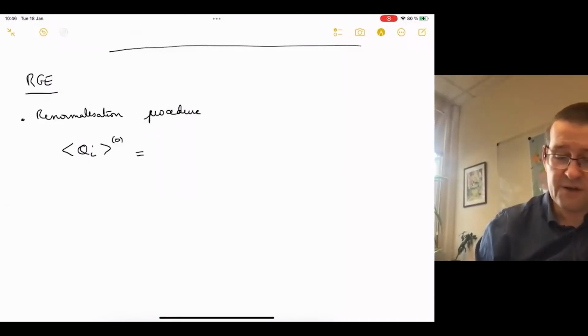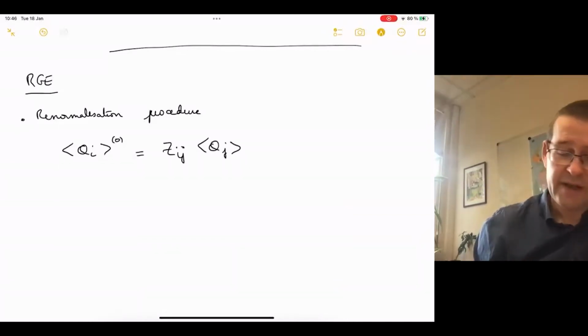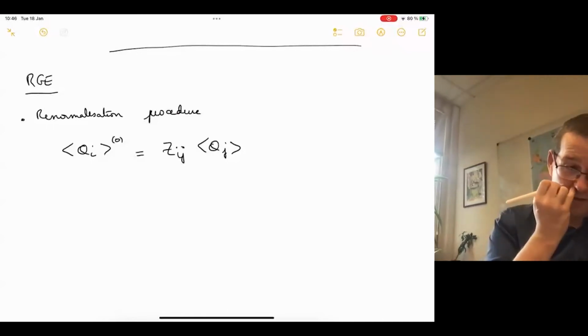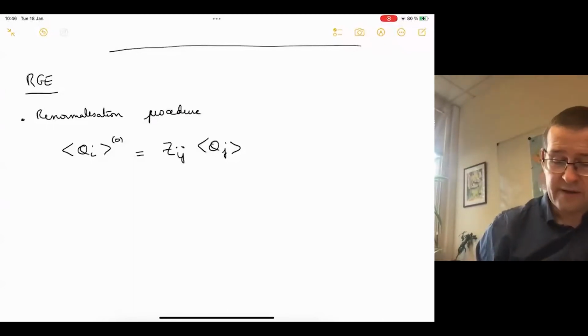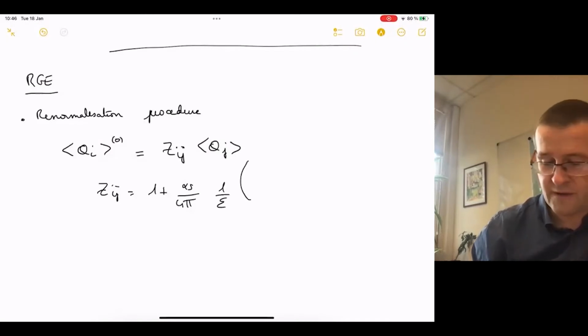And then you say that you want to absorb their singularities, their poles, with a renormalization factor. So you can just read off from the previous expression what they are.